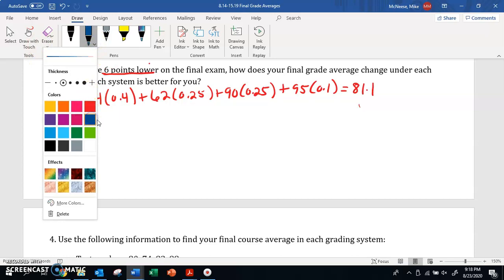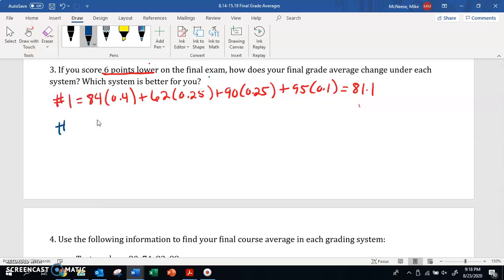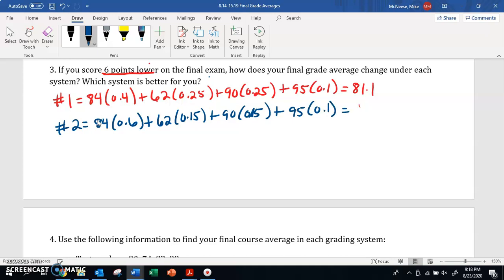For system number 2, we have 84 times 0.6 plus 62 times 0.15, plus 90 times 0.15, plus 95 times 0.1, and this comes out to be 82.7. So in this case, number 2 is better.